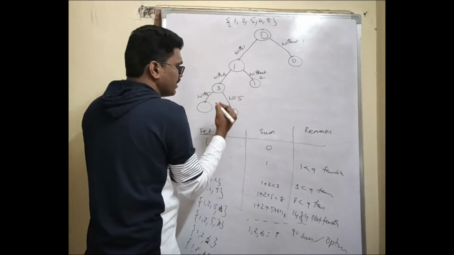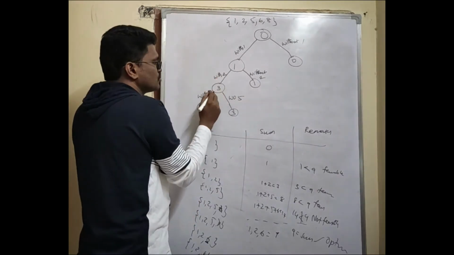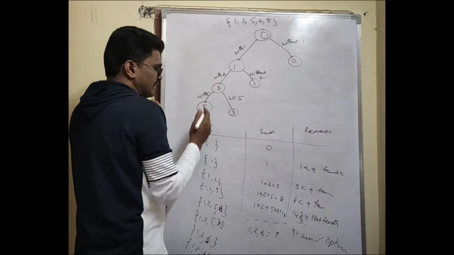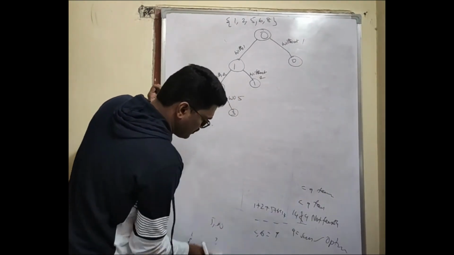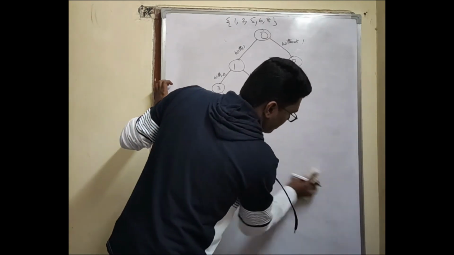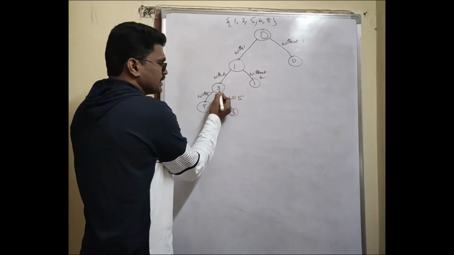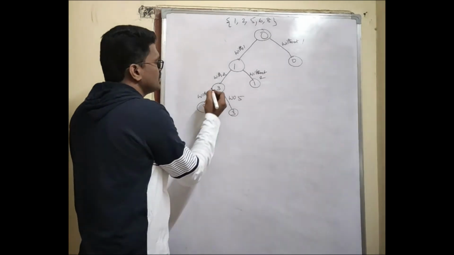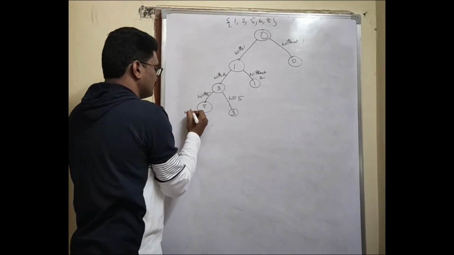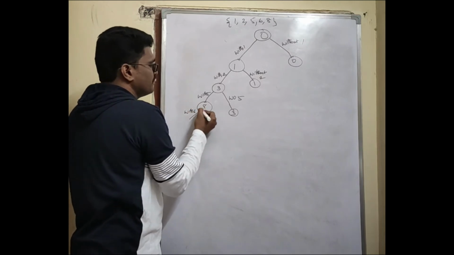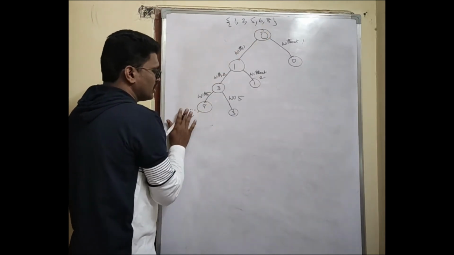Without 5 the sum remains the same. With 5 means 5 plus 3, the sum is 8. After this I add the next element, 6. With 6 it exceeds, so I'll not do that.